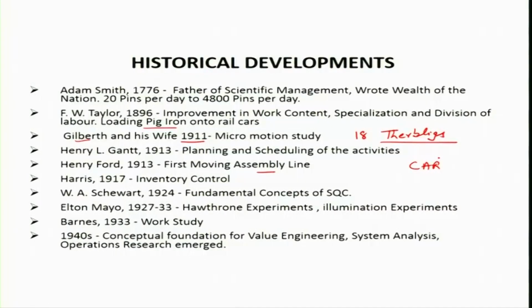And then the important concept of inventory management, which is the foundation for today's supply chain management and operations management also. Harris developed the inventory control models and the economic order quantity, a very important formula.